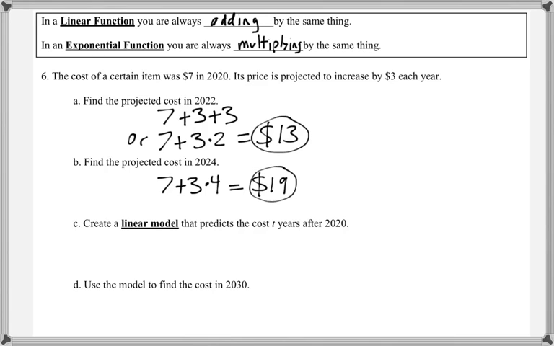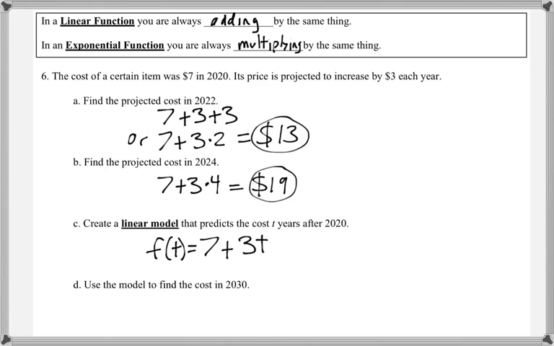So instead of just 2 years or 4 years, a generic model would be f of t is equal to 7 plus 3 times t. So then I could just plug in the years here for t, like I plugged in the 2 and the 4. And this would get me any year that I would really want.